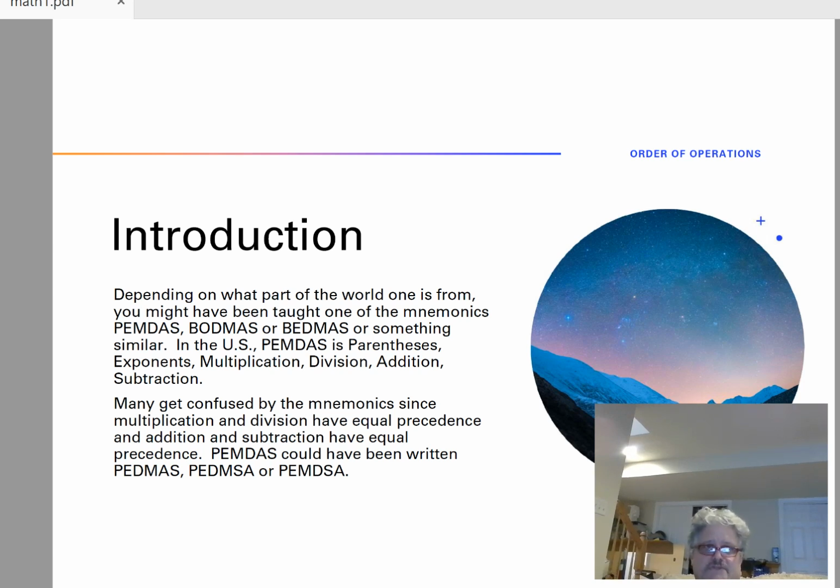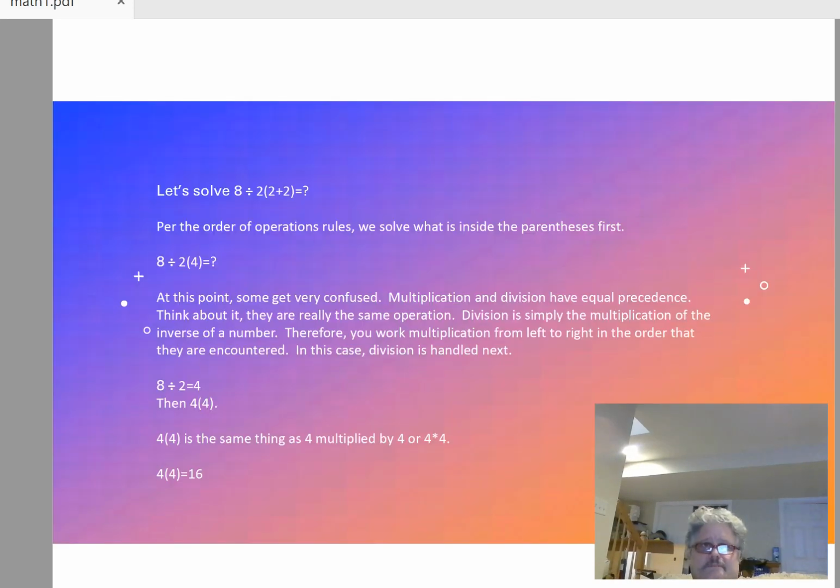So it's the same operation. The same is really true between addition and subtraction. Subtraction is really just the addition of a negative number. So, PEMDAS could have been written PEDMAS, PEDMASA, or PEMSA, whatever. That's why a lot of people memorize the order of those six letters and start to believe that multiplication comes before division, or maybe that division comes before multiplication always, and that's not true at all.